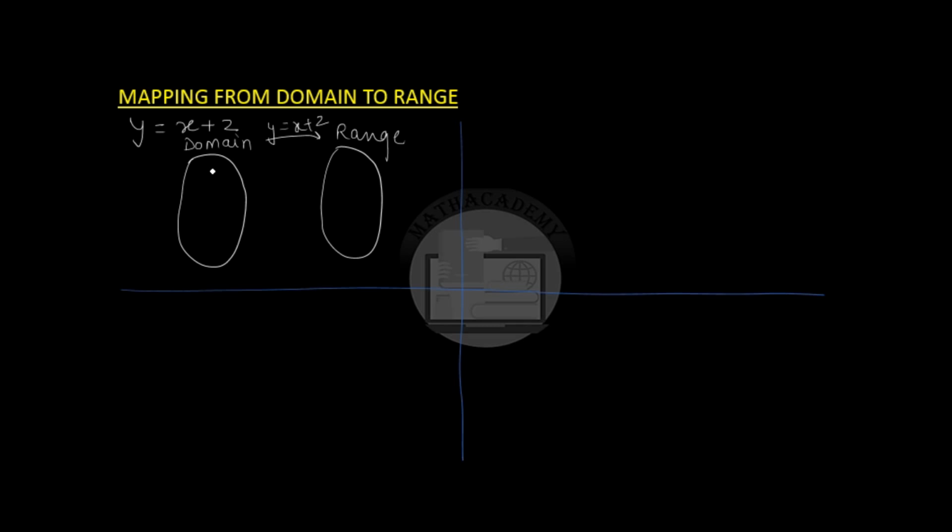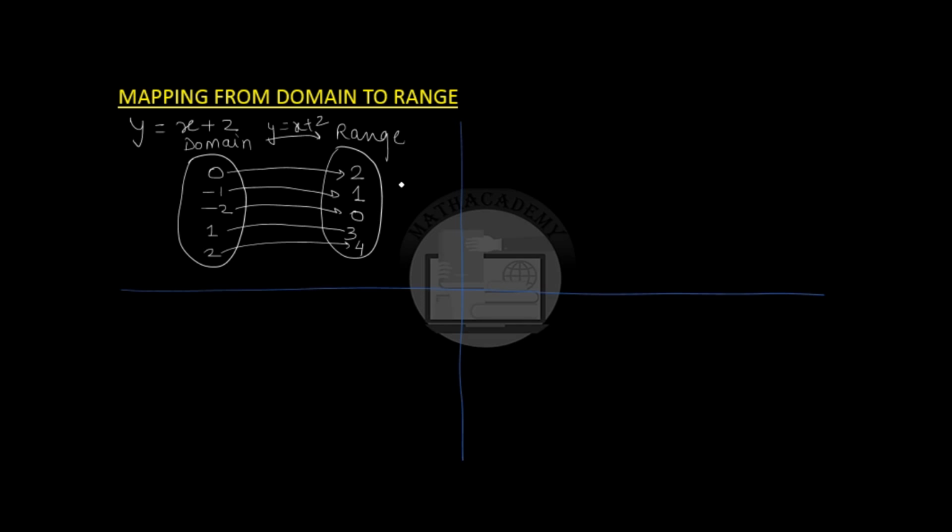I'll take some values of x, 0, minus 1, minus 2, 1, 2 and so on, and map them to the values in the range. When x is 0, y is 2; for minus 1, it becomes 1; for minus 2, it's 0; when x is 1, it's 3; and when x is 2, it's 4, and so on.